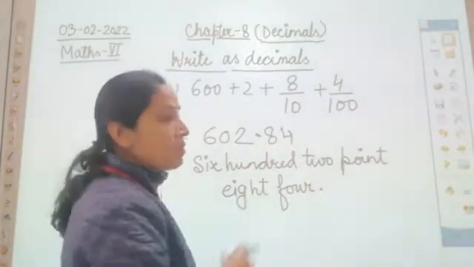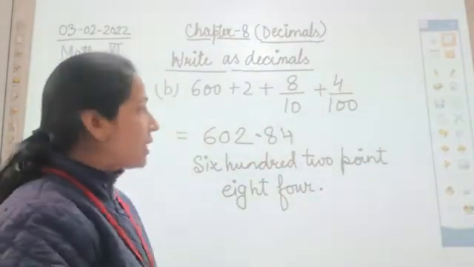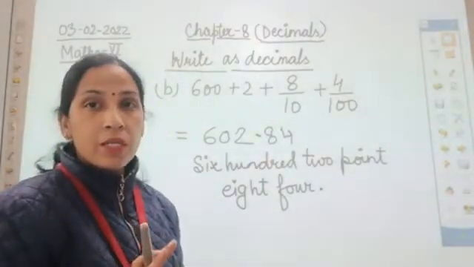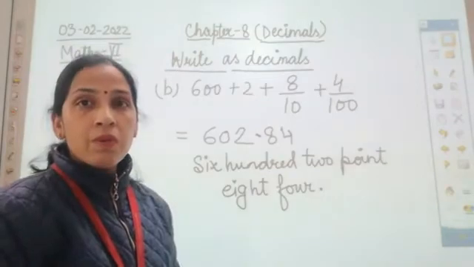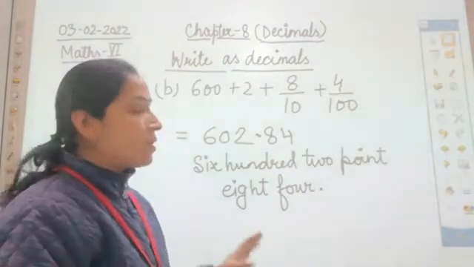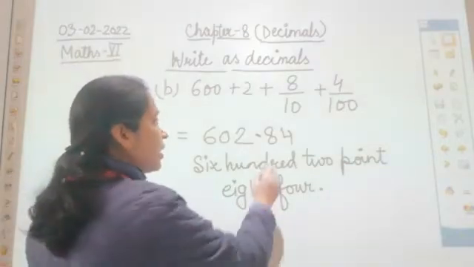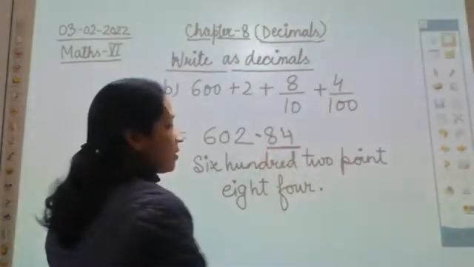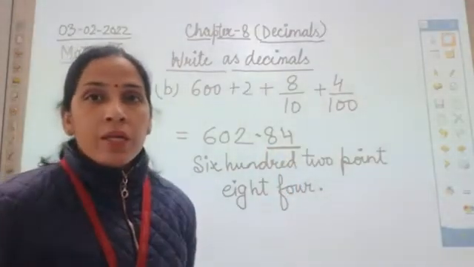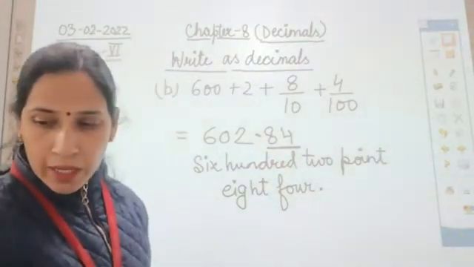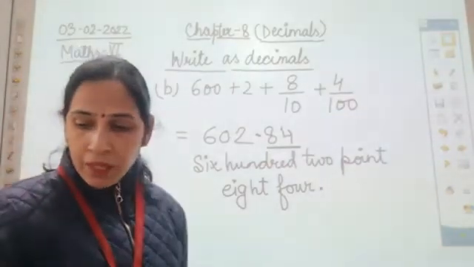So the bigger place value, that only we are going to take, 84. 8 tenths and 4 hundredths we are not going to write. The bigger place value, whichever we have, whether it is hundredths or thousandths, that only we are going to take, 84 hundredths. So I hope that is clear to you all, how to write it.